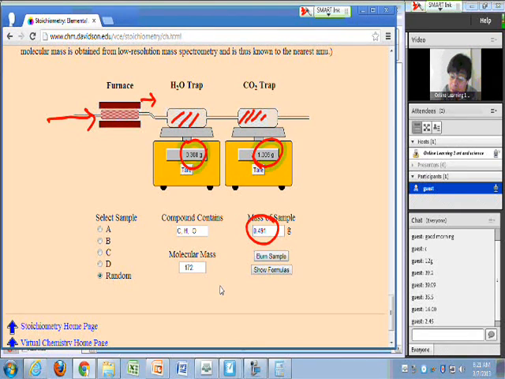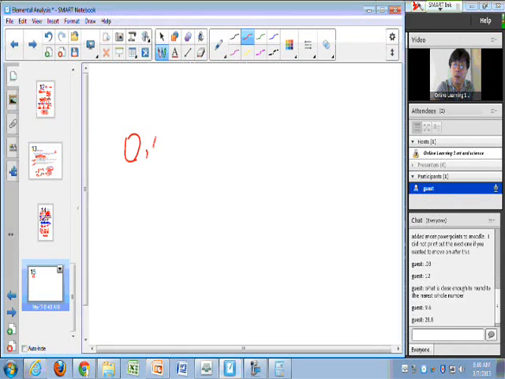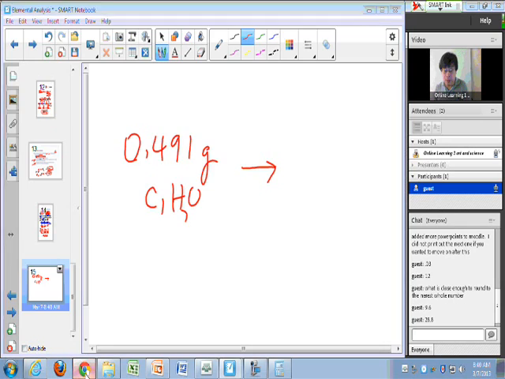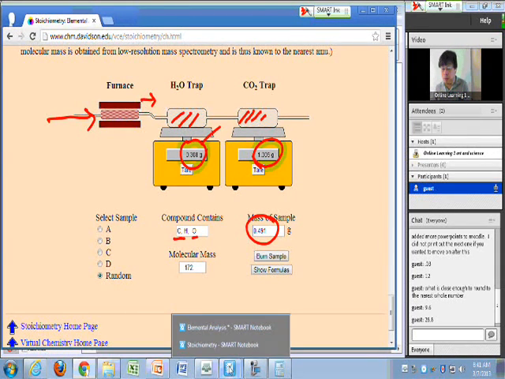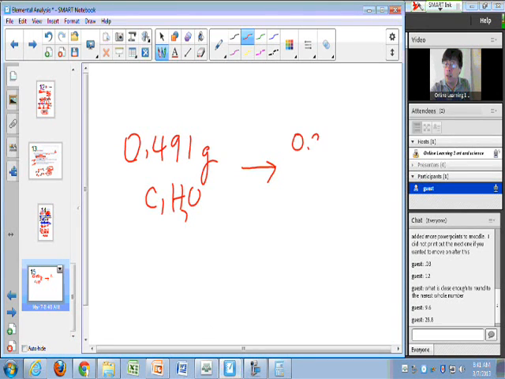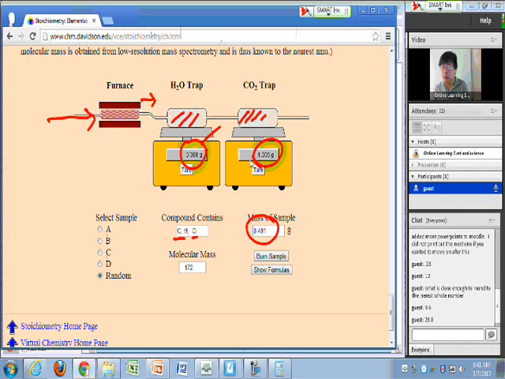Now this particular compound contains carbon, hydrogen, and oxygen. According to this simulation, you got 0.308 grams of H2O and 1.005 grams of CO2.